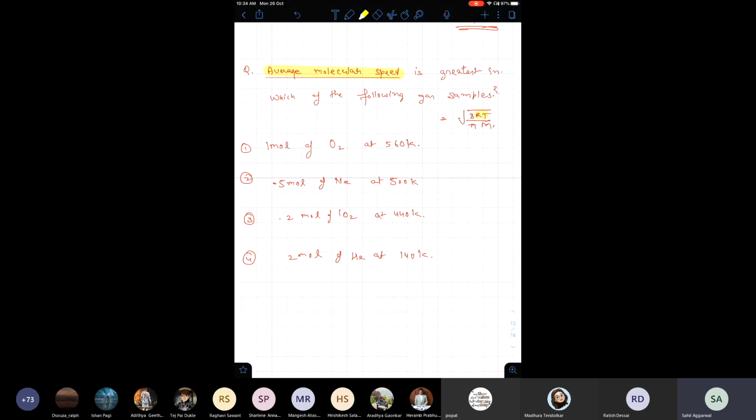तो ये तो constant है. 8R by pi will be constant. You have to relate temperature and mass.